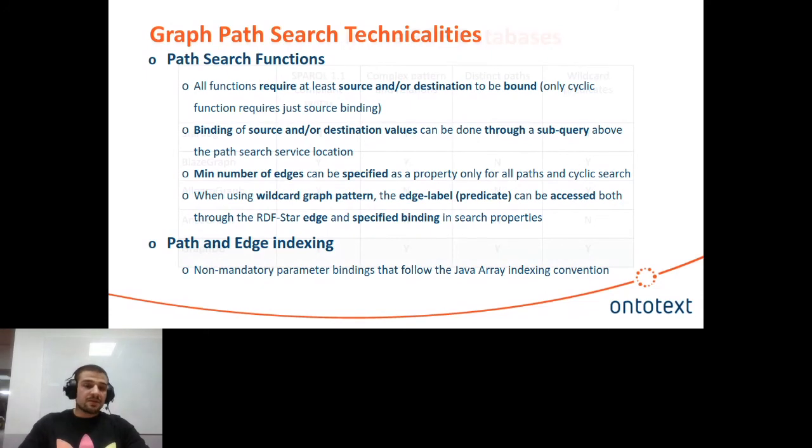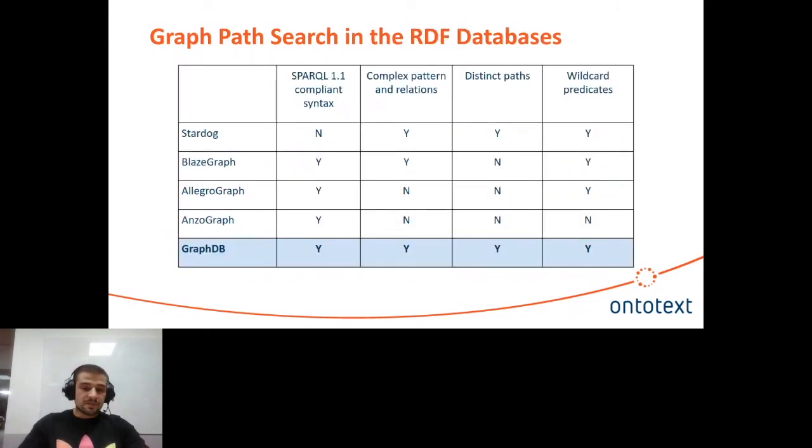So here is a short summary of the different main functionalities that can be seen inside GraphPath search. The four functionalities include SPARQL 1.1 compliant syntax, complex pattern and relationship definition, being able to find distinct paths between resources, not just a single path, and also being able to use wildcard predicate search.